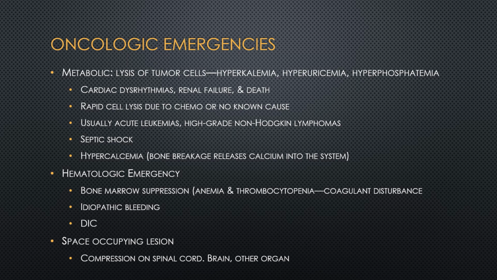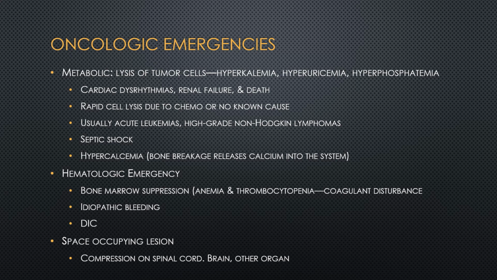This is rapid cell lysis due to chemo or no known cause. It's usually in acute leukemias and high-grade non-Hodgkin lymphomas. They can also develop septic shock and hypercalcemia. Bone breakage releases calcium into the system.